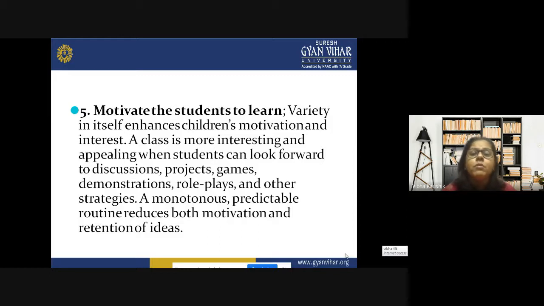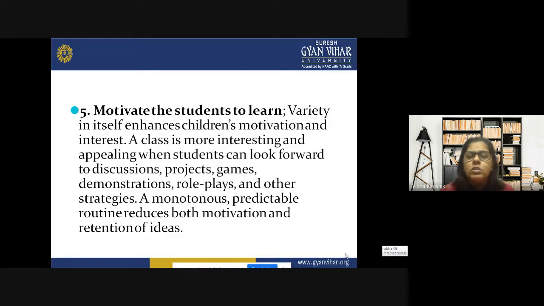A class is more interesting and appealing when students can look forward to discussion, where the student will participate in a discussion, projects, when a teacher will give them projects to do, games they are involved in playing, demonstrations where the teacher is demonstrating something, role play where they have to play different roles, and other strategies that can be used by teachers so that it will motivate the students to learn a concept in a very effective and efficient manner. A monotonous, predictable routine reduces both motivation and retention.